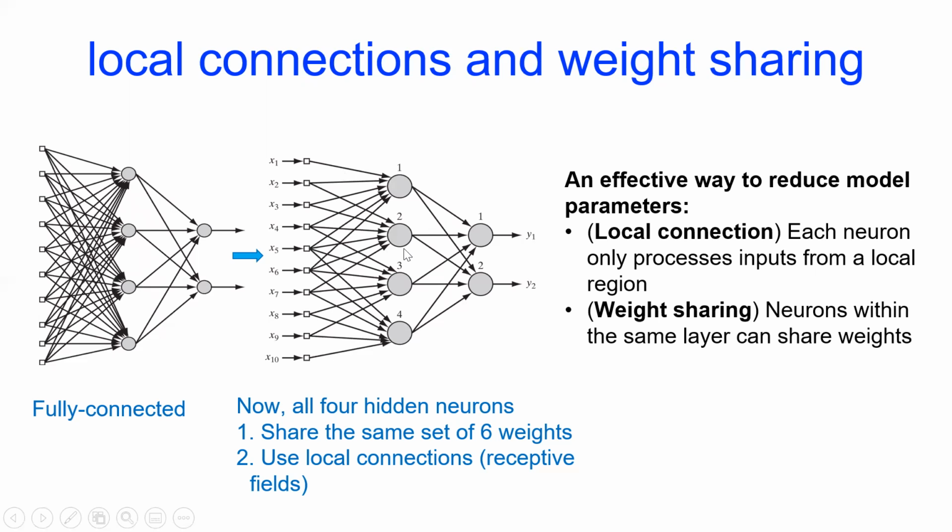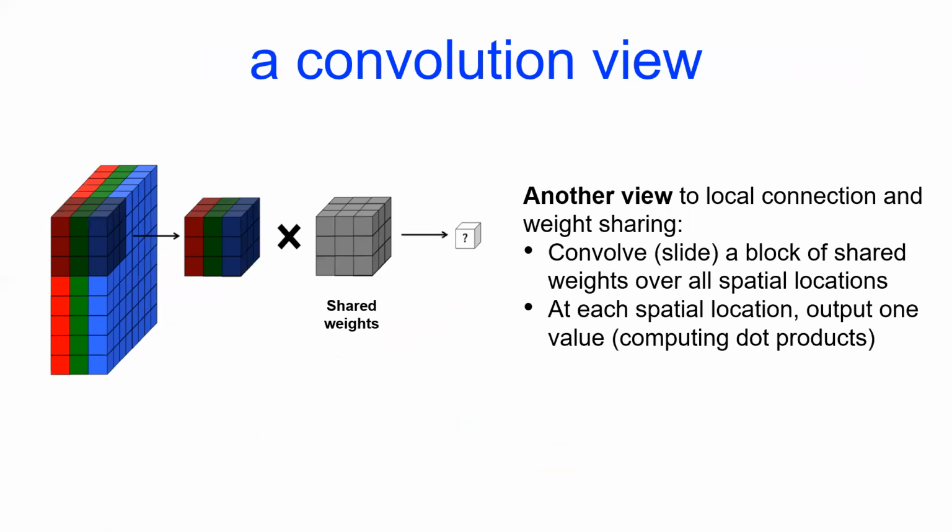Do we see that? This is the reason why we call this a convolutional neural network. You are sliding a block of weights across your image.